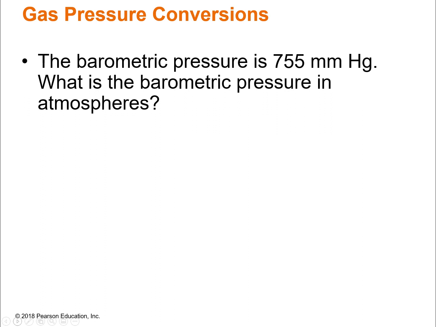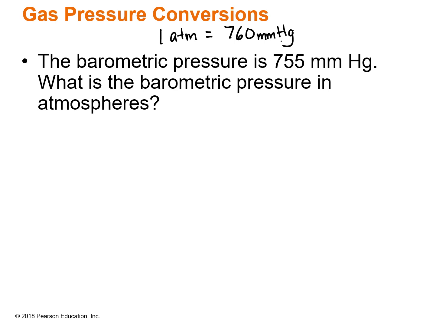So here, we just have a standard pressure conversion. Barometric pressure is 755 millimeters of mercury. What's the pressure in atmospheres? What you need to know for this one, which you'll be given in the exam, is that 1 atmosphere is equal to 760 millimeters of mercury.